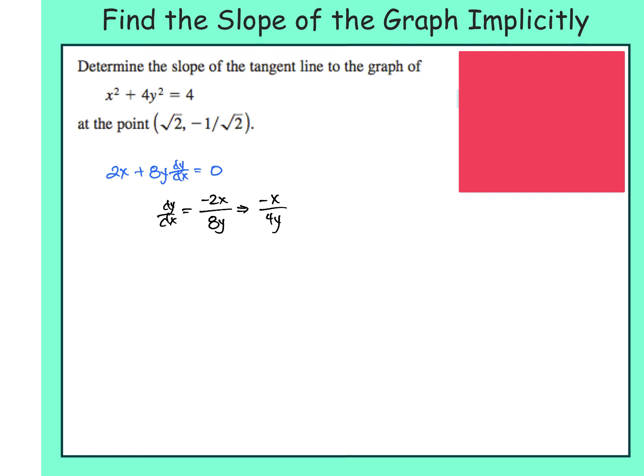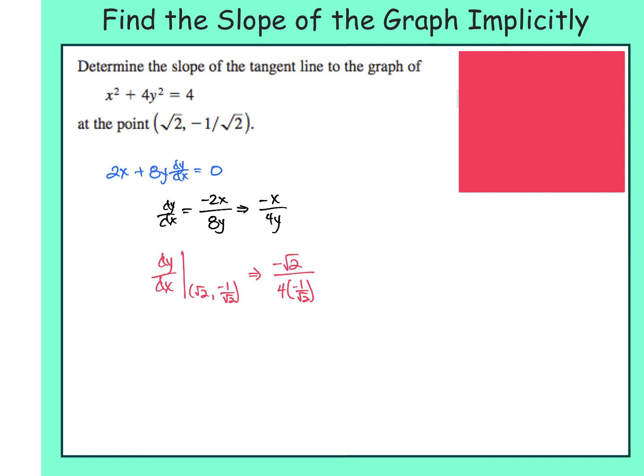So now I'm going to take a derivative. So dy/dx at the point square root 2 comma negative 1 over square root 2. So now I'm going to substitute in. What's my x? So now I have negative square root 2 over 4 times, what's my y? Negative 1 over square root 2.